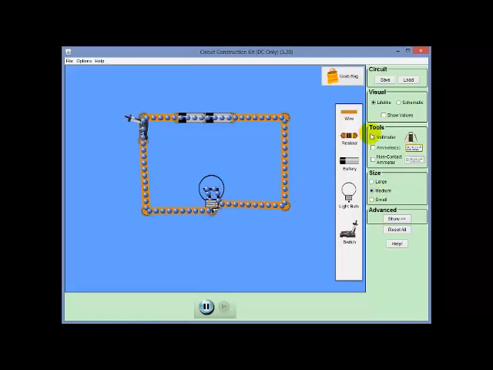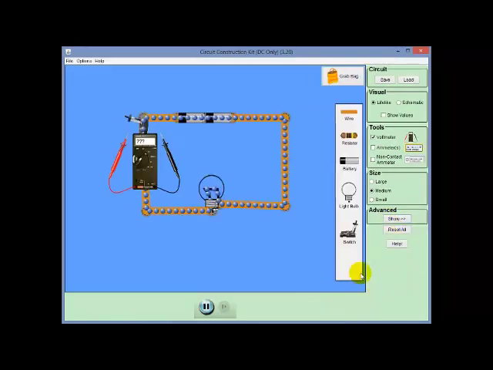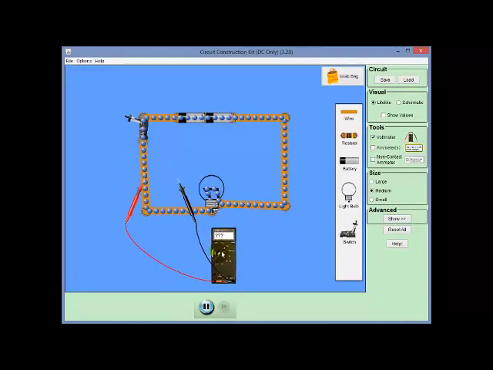Right, now we're going to get a voltmeter. Let us move the voltmeter over here, so it's out of the way, and there we go.